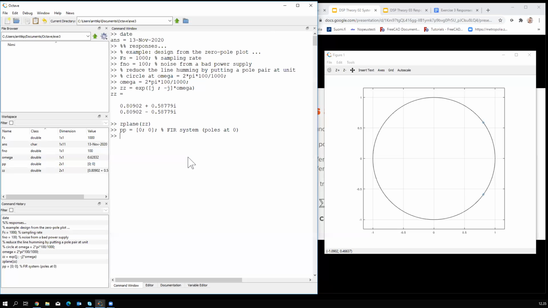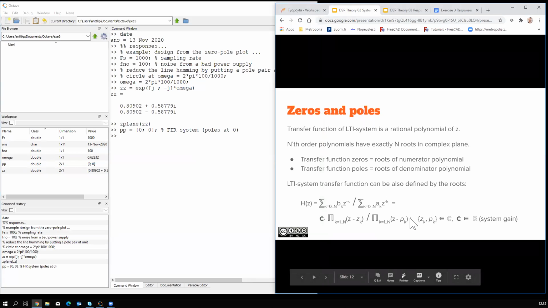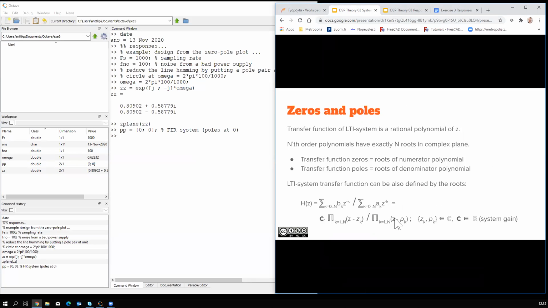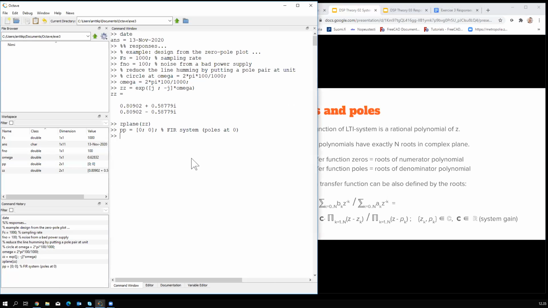But now I have the polynomials, meaning I know these coordinates, the polynomial form of the system, and I can turn this into system coefficients B and A by simply saying BB equals the polynomial defined by roots Z. There.